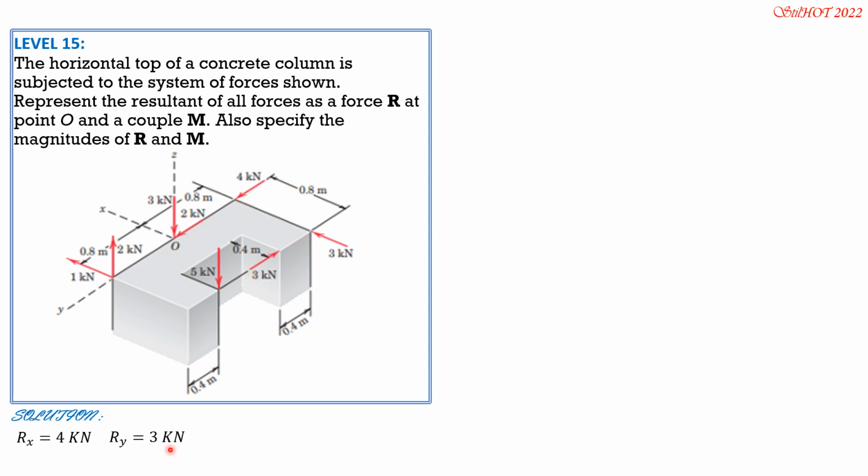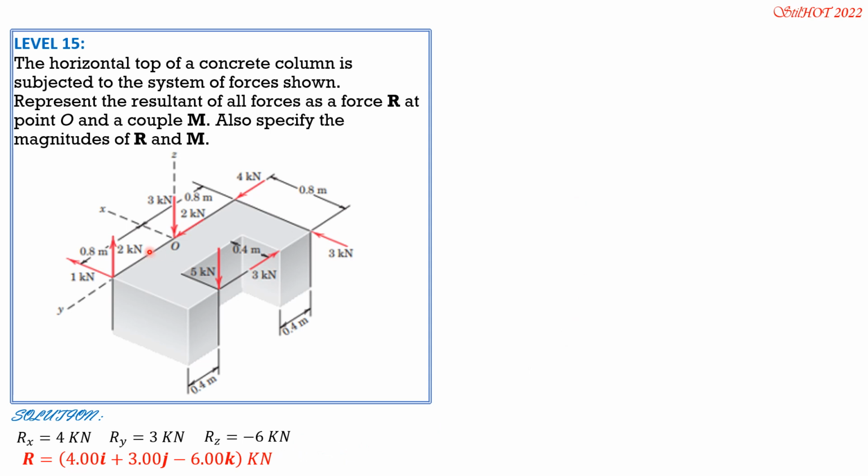So that's why it's 3. Then Rz is 2 minus 3, negative 1, minus 5, negative 6. So in vector form, the force R is quantity 4i plus 3j minus 6k kilonewtons.